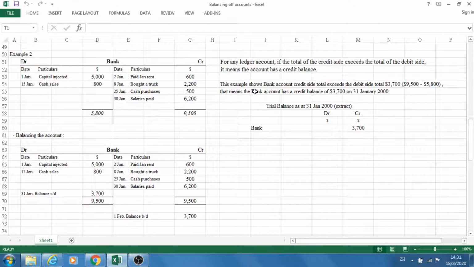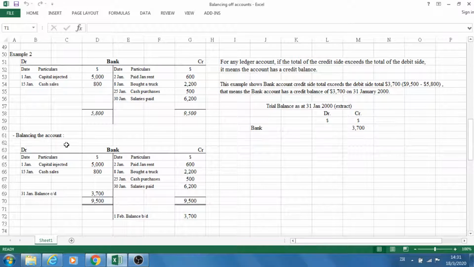This example shows the bank account credit side total exceeds the debit side total by 3,700. That means the bank account has a credit balance of 3,700 on 31st January 2000. The balance is shown on the credit column of the trial balance as at 31st January 2000.